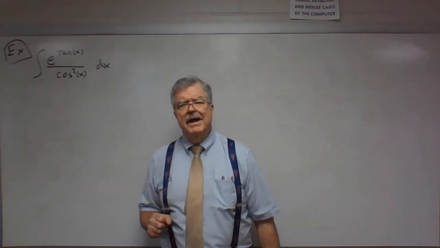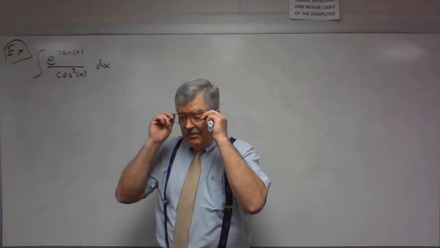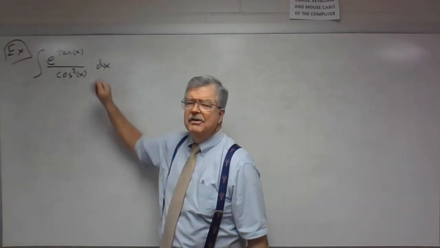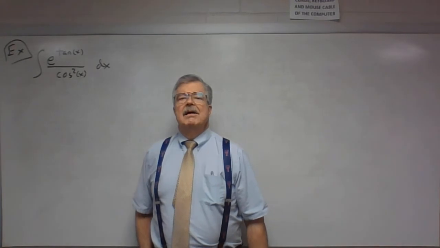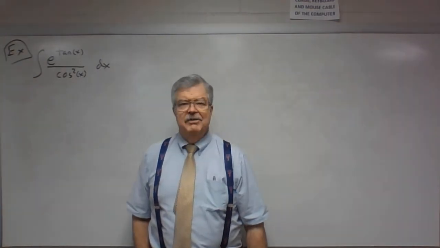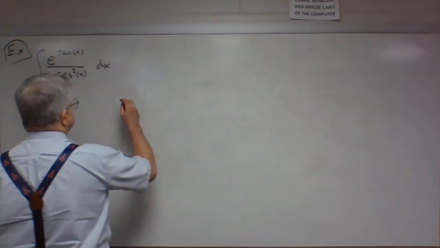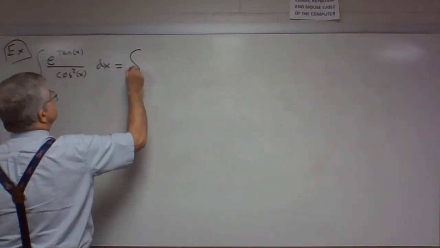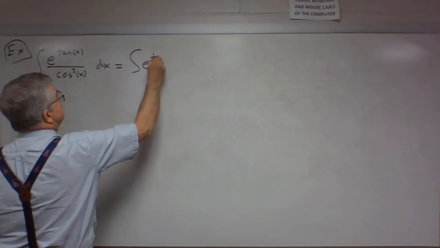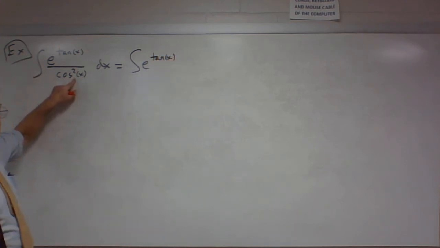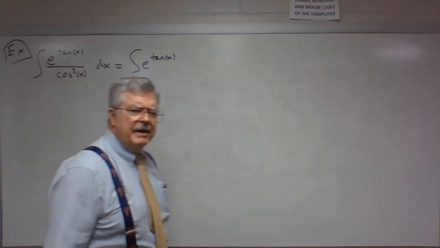And here's what I think. I think that unless we can find a secant squared somewhere in this integral, we are not going to be successful. So let's see what we can do. Is this our secant squared?